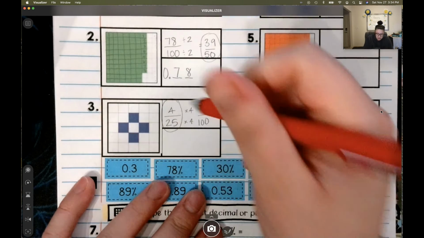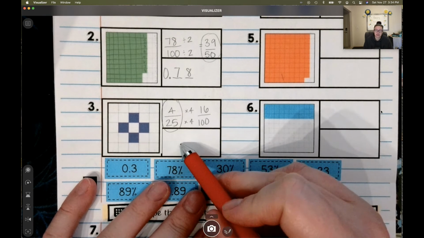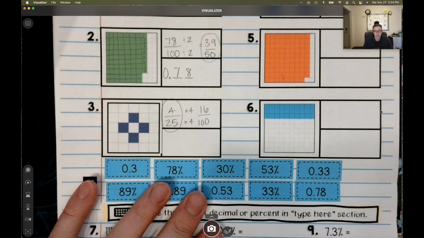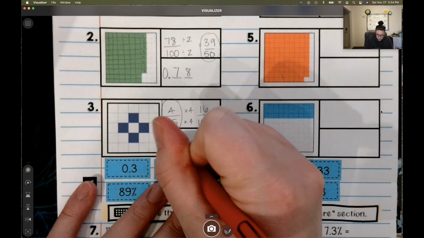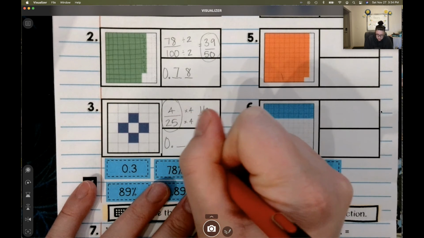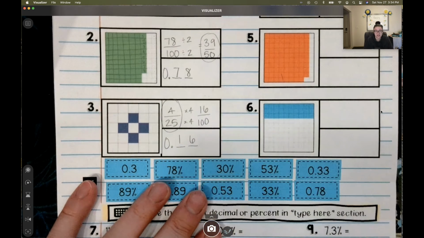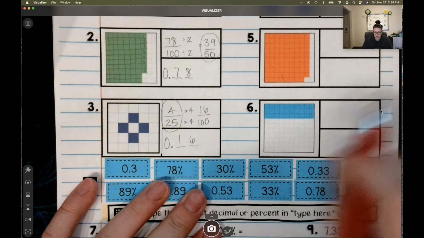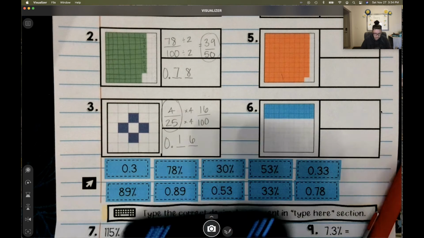This is my answer, but getting it to my denominator being 100 is one way that I can get my decimal. So what would 16 100ths be in decimal form? 0.16. Yes, 16 hundredths. And to prove to you that 4 25ths is the same, let me get out my handy dandy calculator.